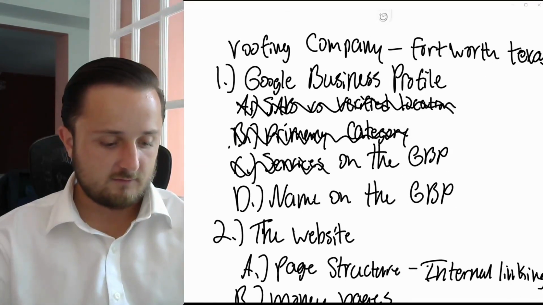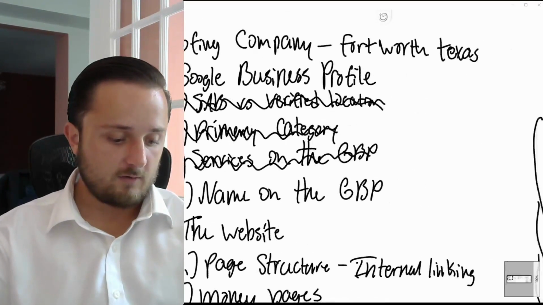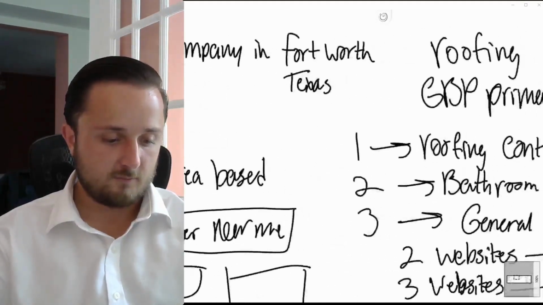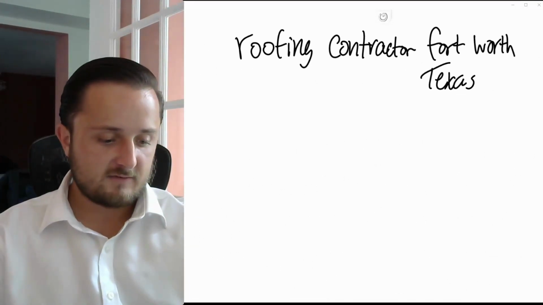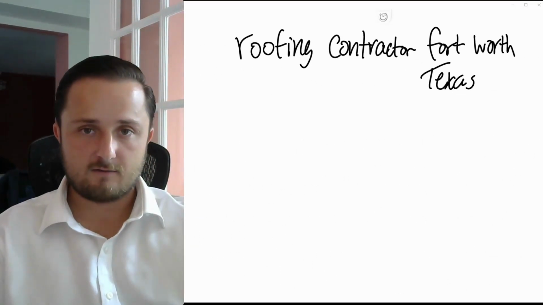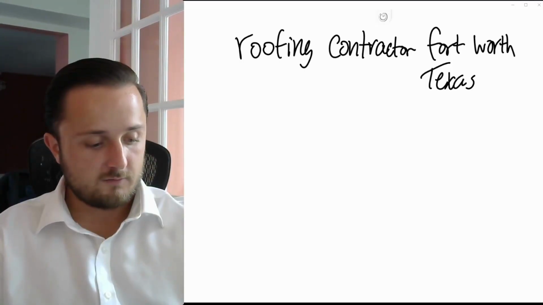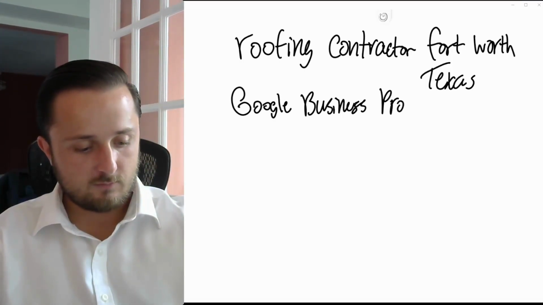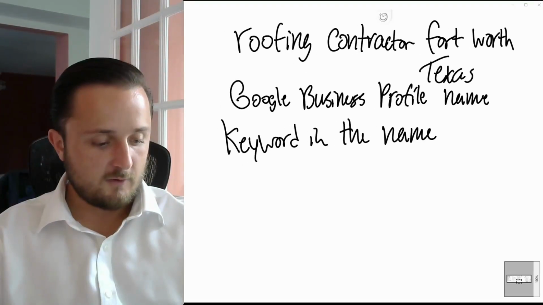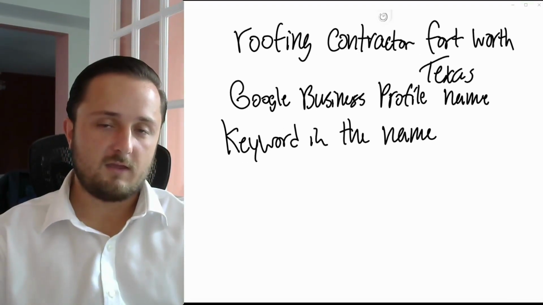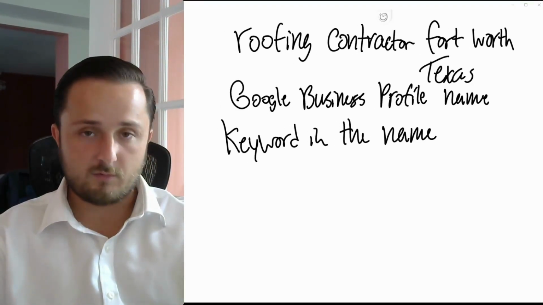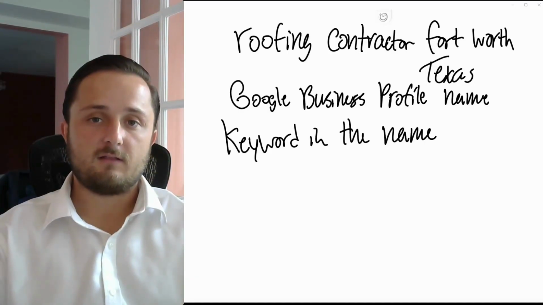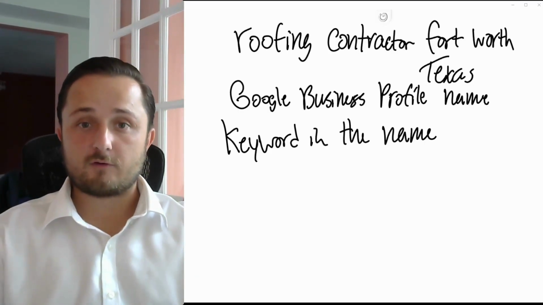So that's services. Now we're going to talk about the name of the Google Business Profile. As a roofing contractor out of Fort Worth, Texas, we want to have a keyword in the Google Business Profile name. What we don't want to do is keyword stuff, so we want to keep it very simple, like a branded term, maybe the first name.